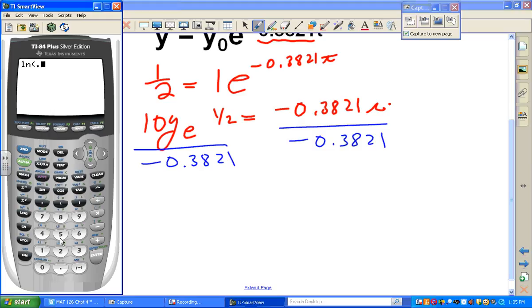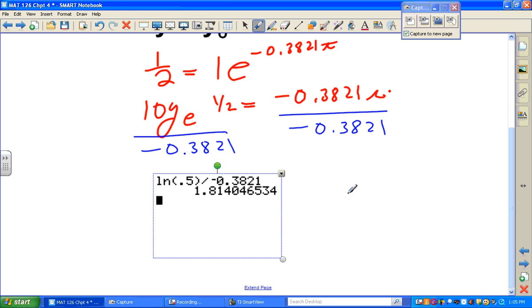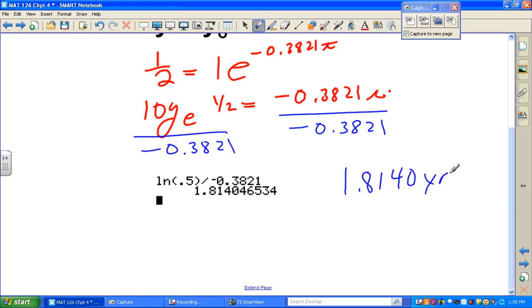Natural log of 0.5 divided by negative 0.3821. Yeah, as it was in years. After how many years? So it'd be 1.8140 years. Okay, I just matched the 4 decimals that were in the problem.